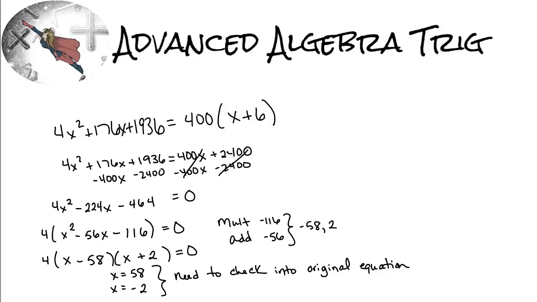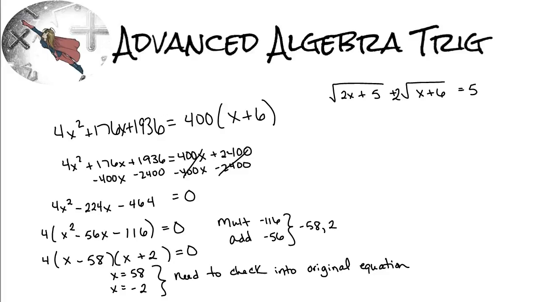So let me recopy the original equation onto this page, which was radical 2x plus 5 plus radical 2 times radical x plus 6 equals 5.